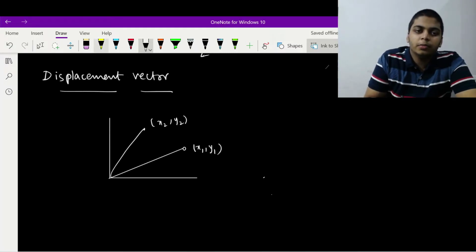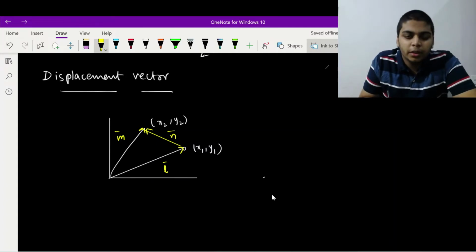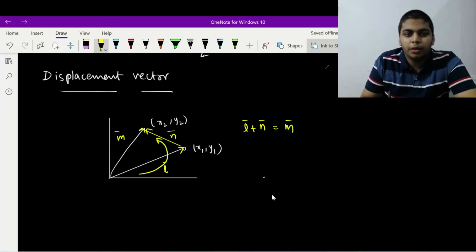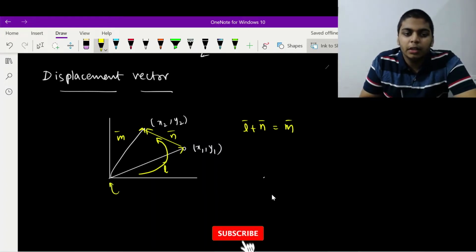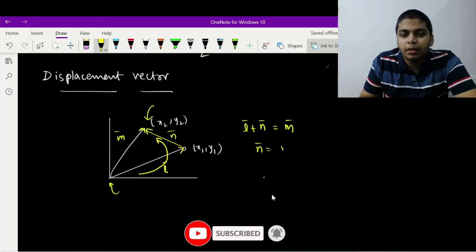Let's say this position vector is L bar and this position vector is M bar, and let me complete the triangle with N bar. From the triangle law of vector addition, L bar plus N bar is nothing but M bar, right? M bar starts from the tail of L and ends at the head of N. So N bar is nothing but M bar minus L bar.